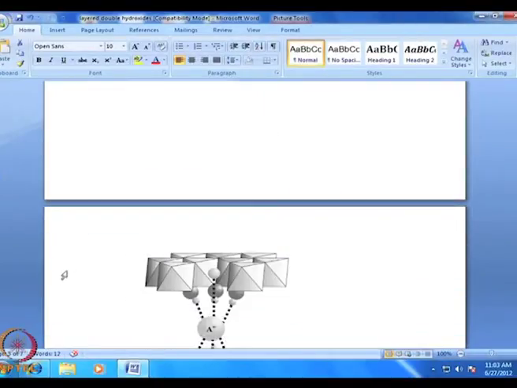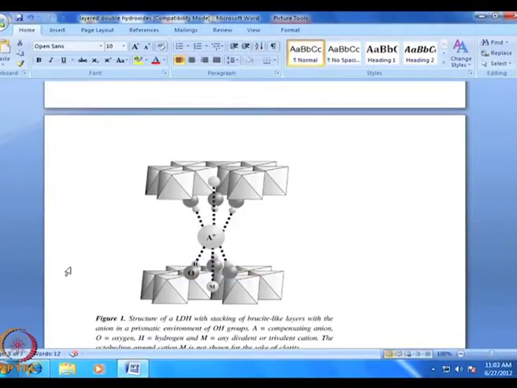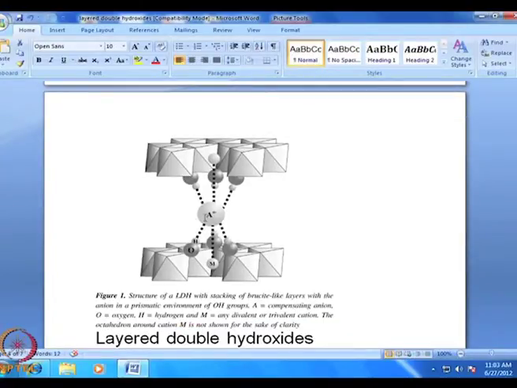But if I place an anion over here, a compensating anion, and any other divalent cation to compensate for the charge, what can I do? Depending on the size of this anion, I can have this distance under control. I can control the distance between these two layers. These are called layered double hydroxides.